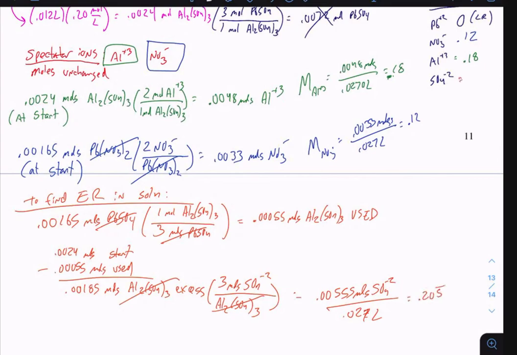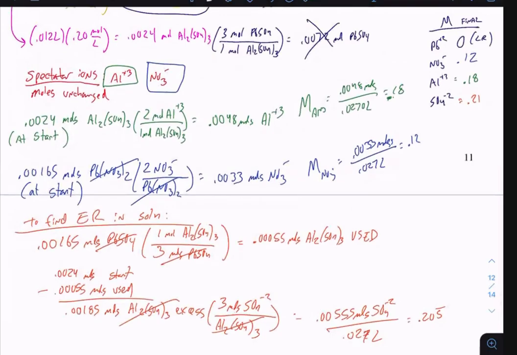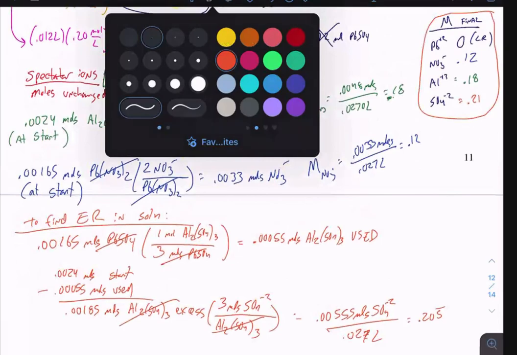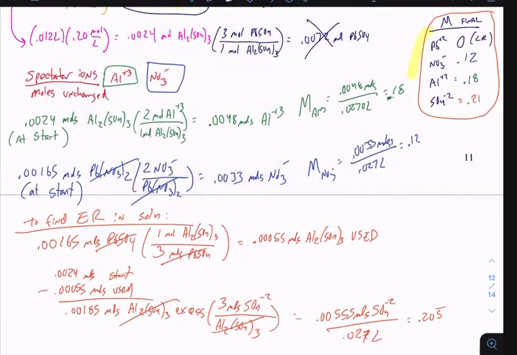So 0.21 molar. And we have now completed the problem. We have all 4 concentrations for our 4 ions.